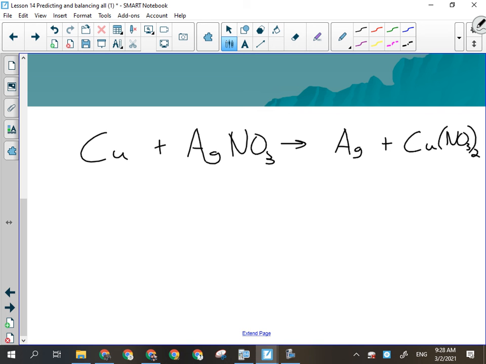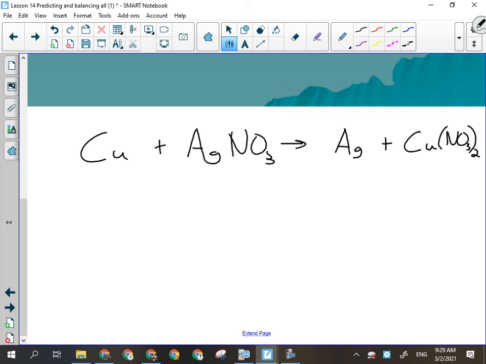So what should I start balancing here? What's present in the largest number? The 2. Yeah, nitrate is present in the largest number.